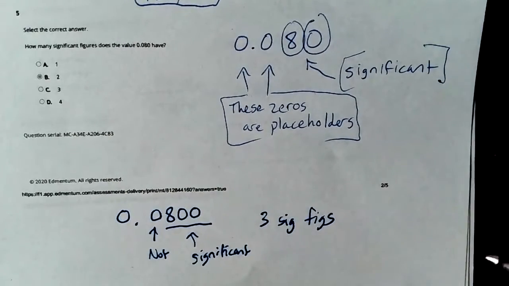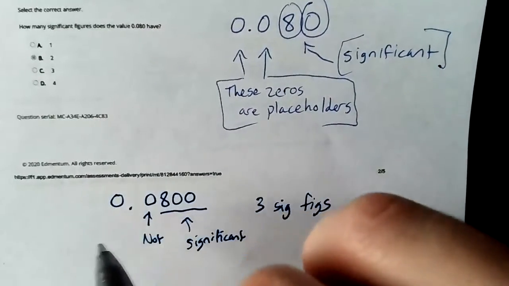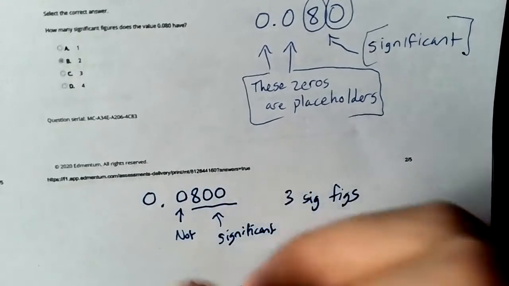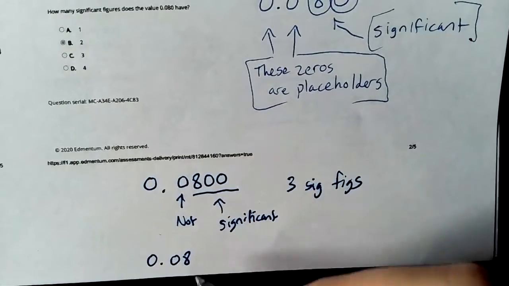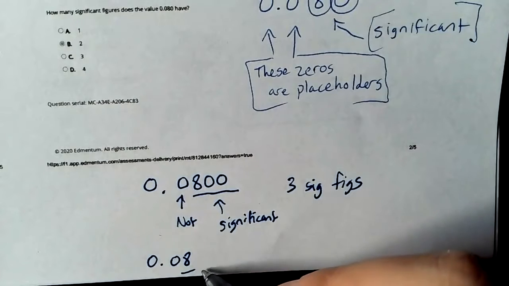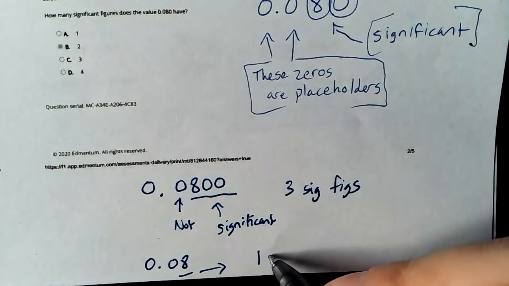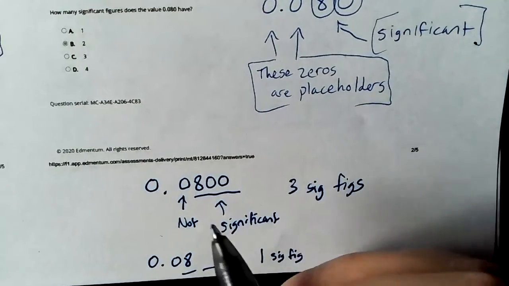That's the cool sciencey term for these things. And if this were the case, just the 8 is significant, so that would be 1.